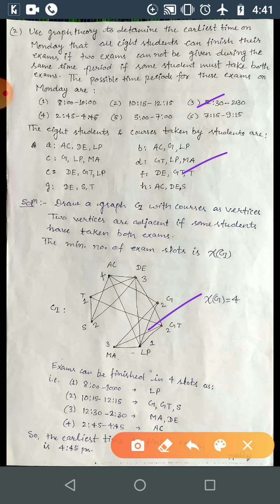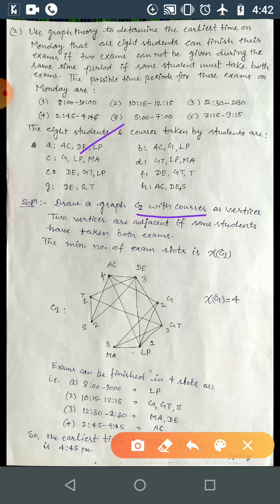First the graph: just take these subjects as the vertices. So draw a graph G with the exam courses as the vertices, and 2 vertices are adjacent if some students have taken both the exams. So 2 vertices will be adjacent if and only if some students have taken both.